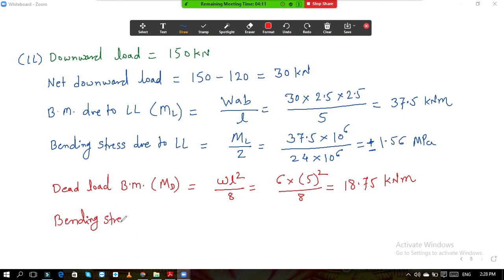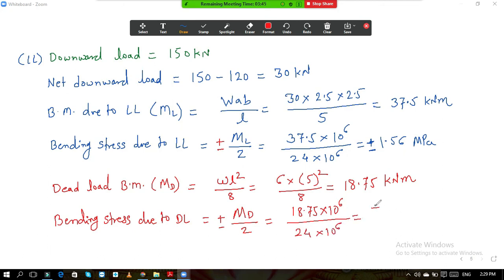Now calculate the bending stress due to dead load, which is equal to M_D by Z, plus minus. So M_D is 18.75 into 10 raised to 6 divided by 24 into 10 raised to 6.